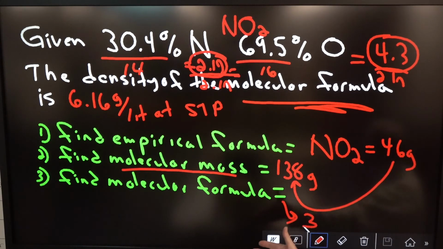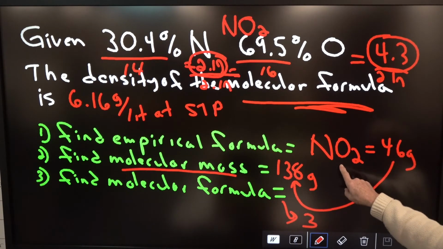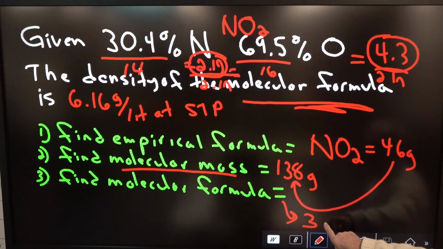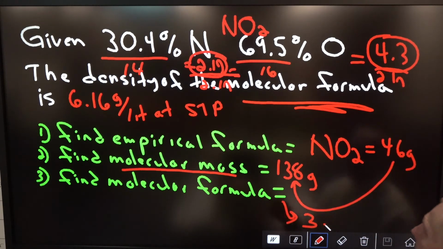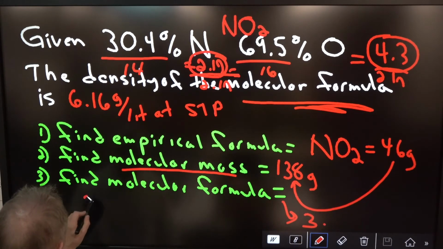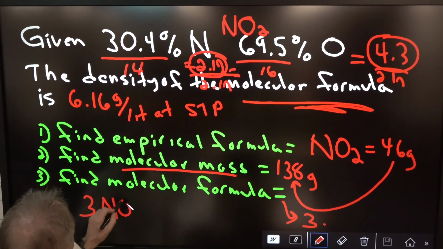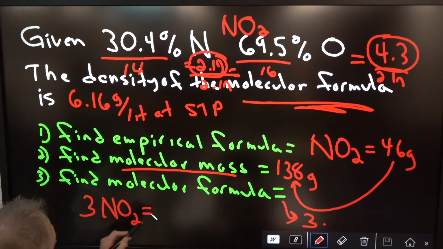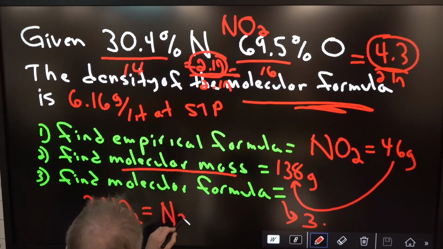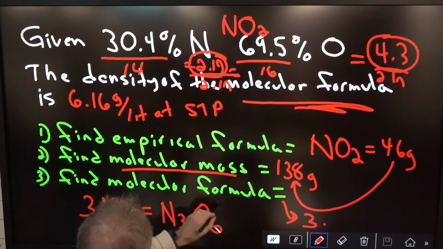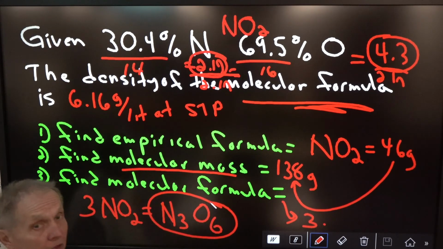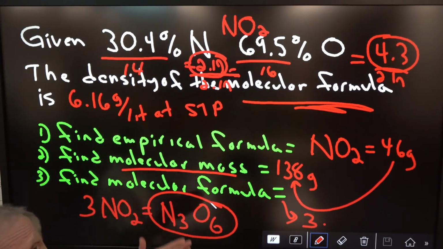So if NO2 is the empirical and I have 3, for the molecular formula you simply go 3 times NO2, which equals N3O6.